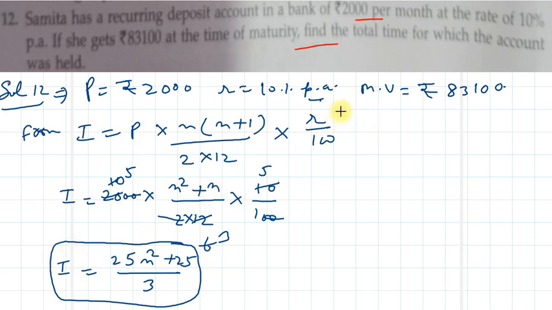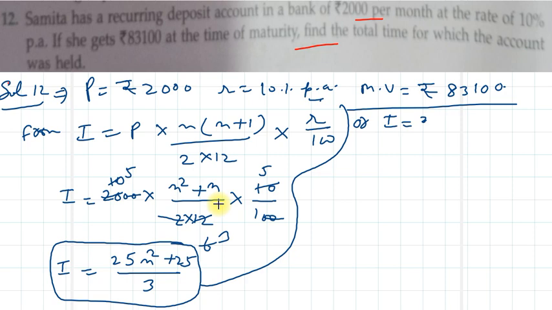So again, for simplicity we can write it as I equal to 25 n, here n is also common, n plus 1 upon 3, right?